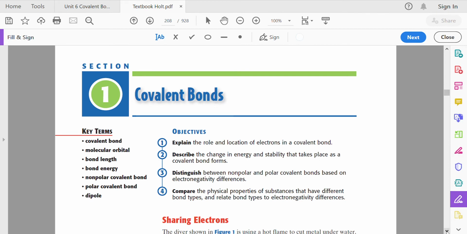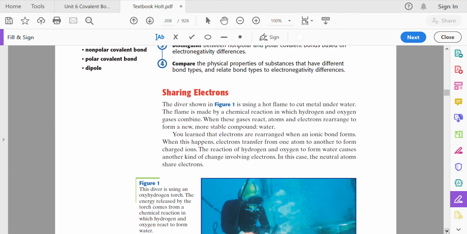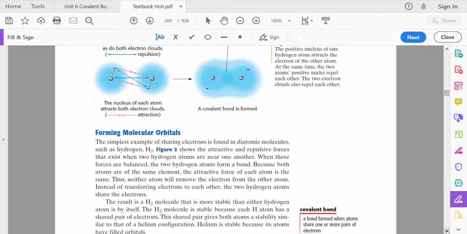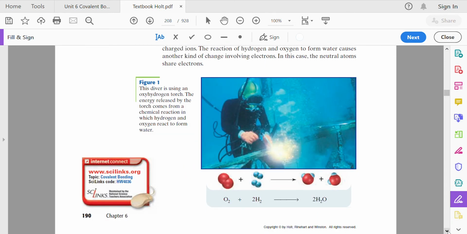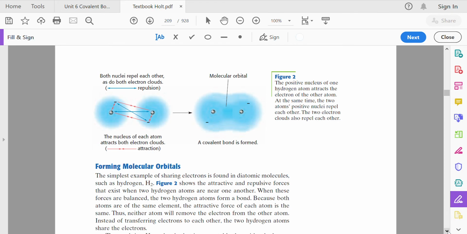So what I'd like to do is flip through the chapter really quick and look at some pictures. Okay, so here is a picture of what happens when 2 non-metals come together to make what we call a molecular orbital. As they come together, the nucleus of one, which has a positive charge, is attracting the electron of the other atom. At the same time, the positive nucleus of one atom is repelling the positive nucleus of the other atom.